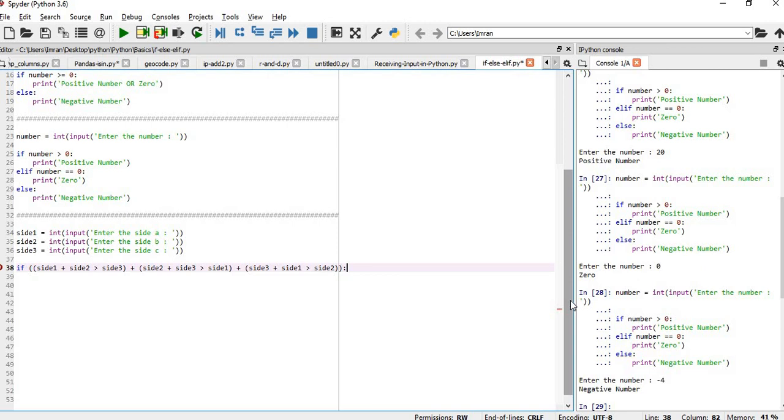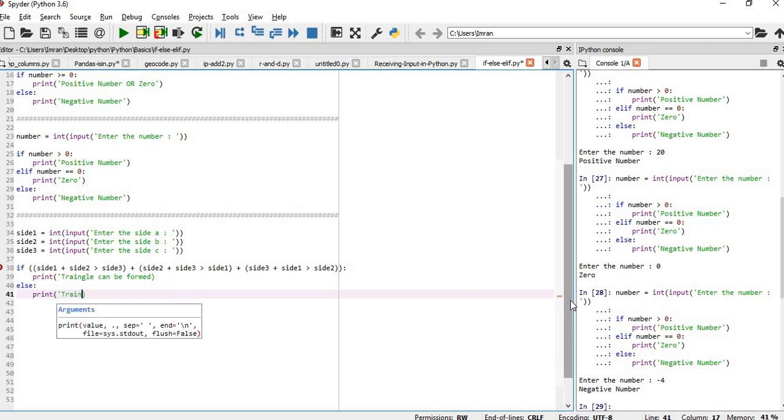If this is the case, then we can print, else print triangle cannot be formed with the given dimensions.